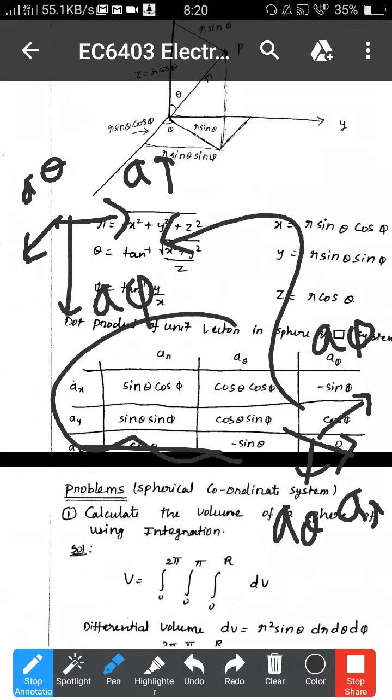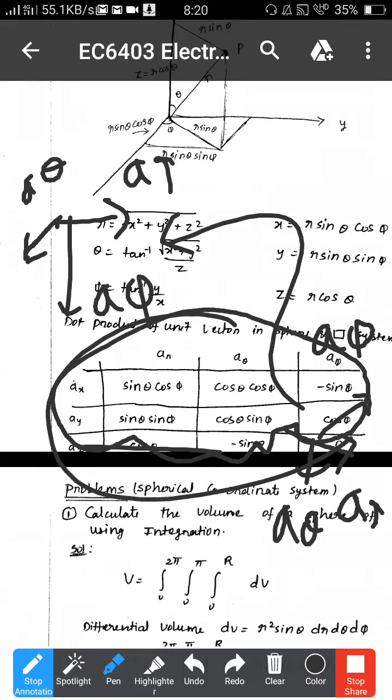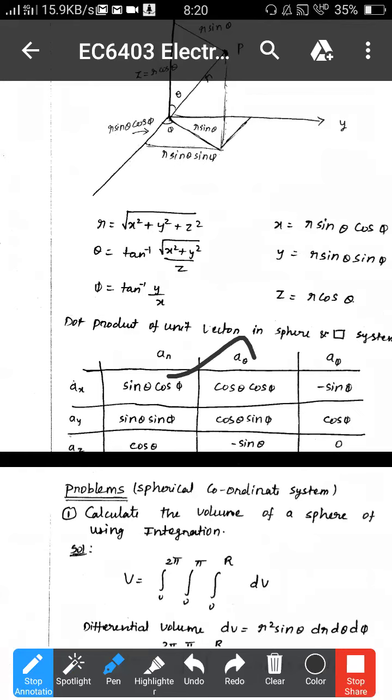The relationship between spherical coordinate system unit vectors and ordinary Cartesian system unit vectors. See, sometimes it depends on theta and phi, sometimes only on phi, sometimes only on theta, and sometimes it is 0.